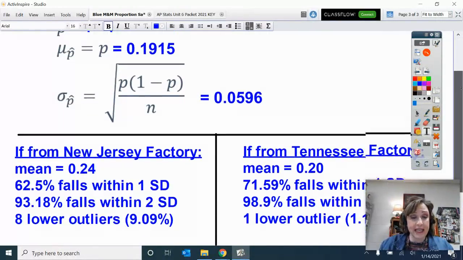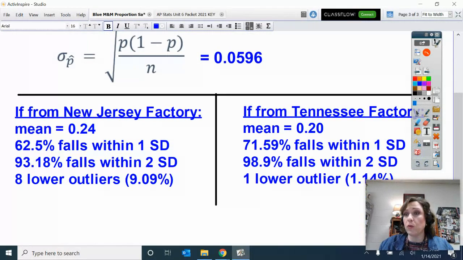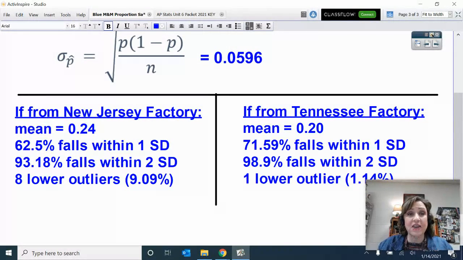Now, if we take a look at this data, I asked, where does the data fall relative to the claim? If we claimed it's from the New Jersey factory and that it should be centered around 24%, then 62.5% of our p hats fall within one standard deviation, and 93.18% of our p hats fall within two standard deviations. But here is something that is startling.